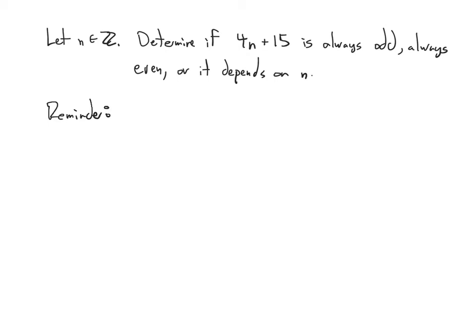that if a number, let's call that number k, if k is even, I should be able to write it as 2 times some integer. So whatever's in that bracket, if that is an integer, I'm good to go. I know that number k would be even.